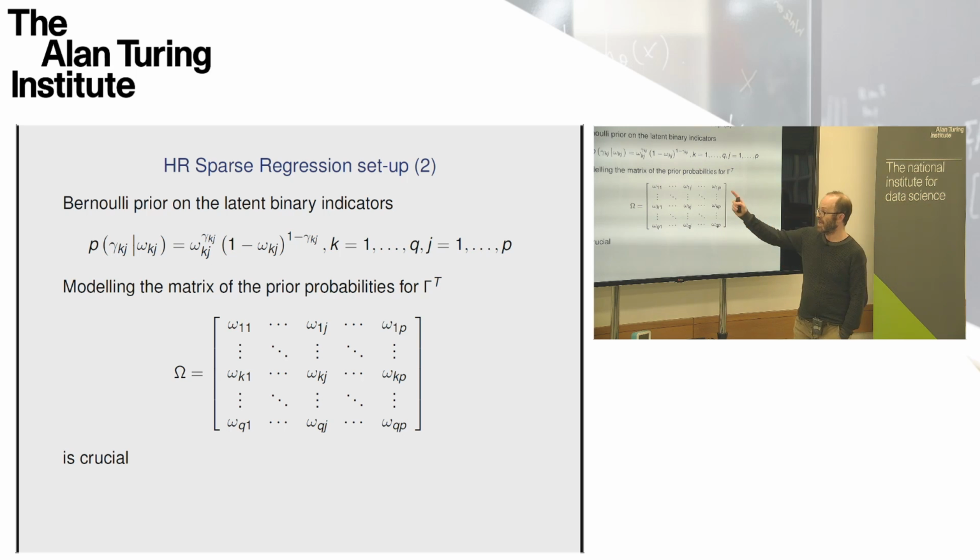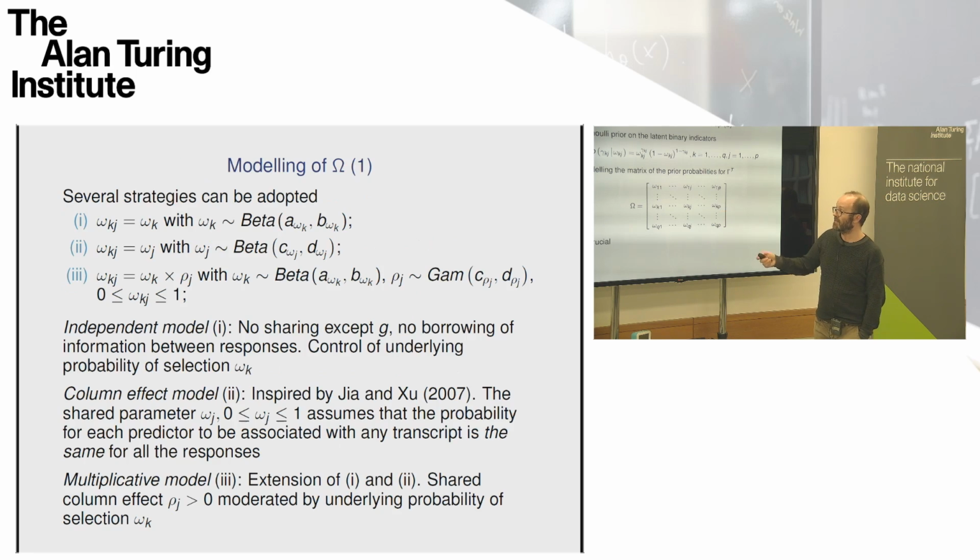So now we have to specify our prior belief about this probability, the probability of the Bernoulli distribution. The Bernoulli distribution is the one that is 0 or 1, meaning the association between the DNA and the transcript. Well, how do we specify this? There are 3 different ways.